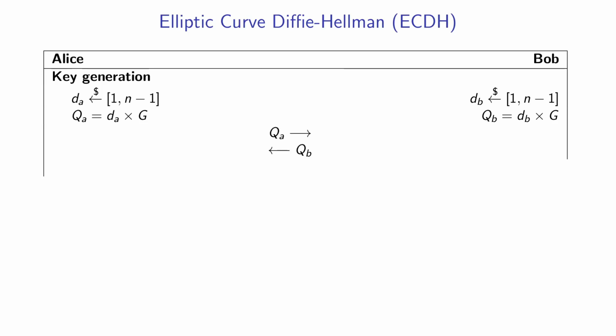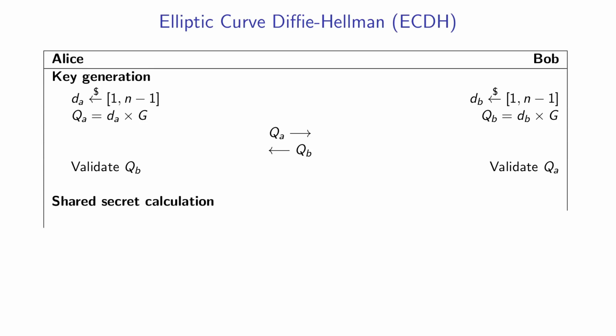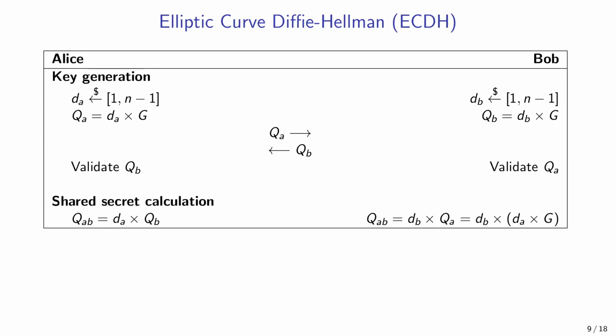Then the parties exchange their public keys, sending them over the channel that is potentially eavesdropped by an attacker. And then they validate each other's public key to verify that it is indeed a valid point residing on the elliptic curve. Shared secret calculation is performed by multiplying the public key received from the other party with their private key value, and as a result, both Alice and Bob will obtain the same point QAB, which is the result of multiplying generator G with DA and DB.